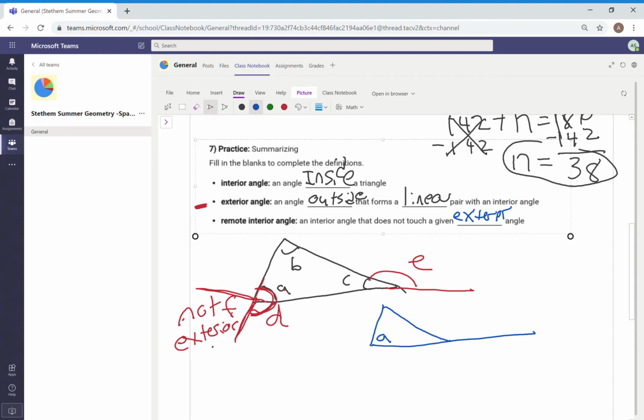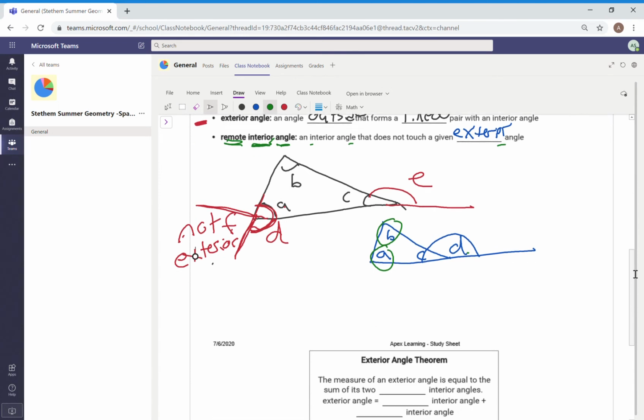I have A, B, C, and D. C and D are an interior and exterior pair. They're making that line. A and B, however, they are remote. They are far away from D. They're not touching D. They are on the inside and they are angles. So A and B would be the remote interior angles. They are far from D.